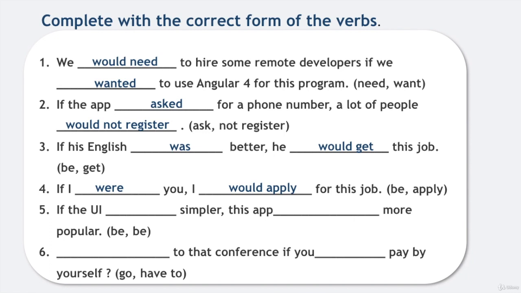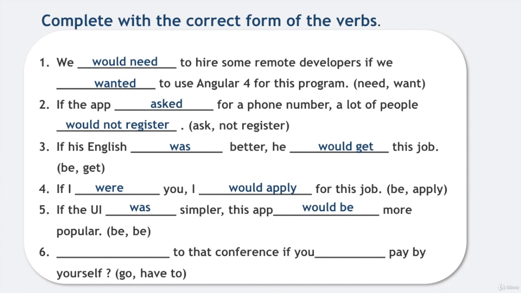Number 5. We have to use past simple in the condition, and that's what we do: if the UI was simpler. And then we have to use would plus the infinitive in the result: this app would be more popular. If the UI was simpler, this app would be more popular.